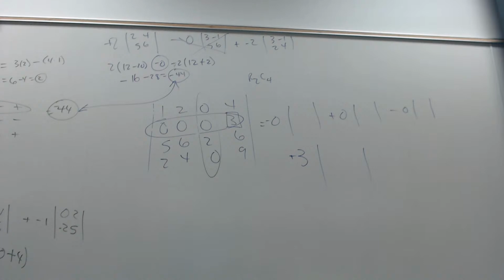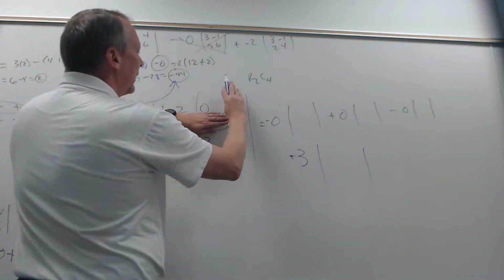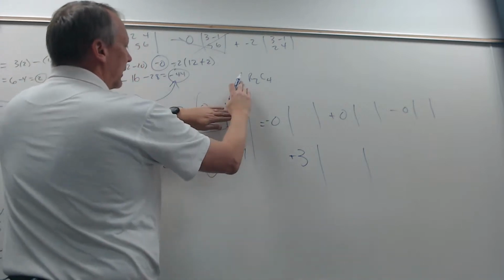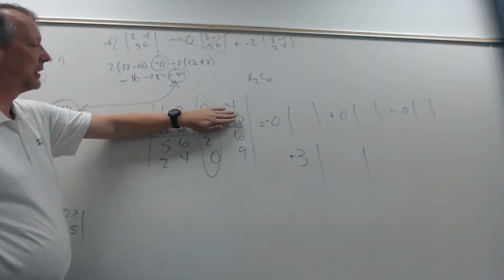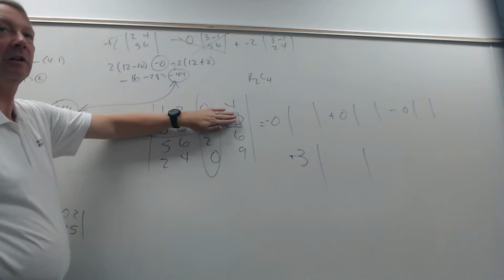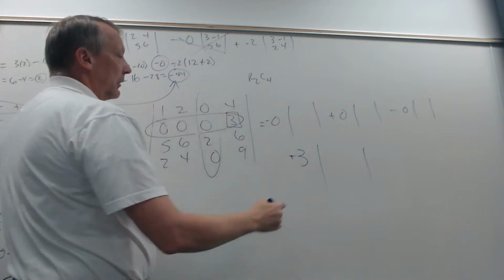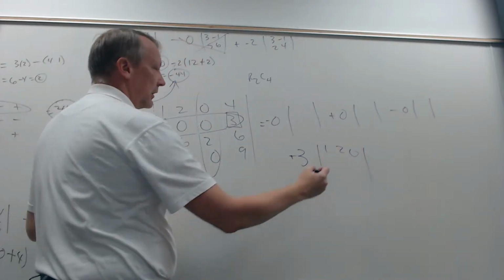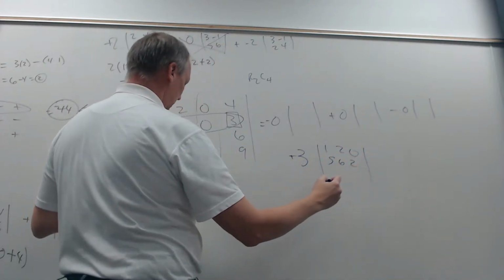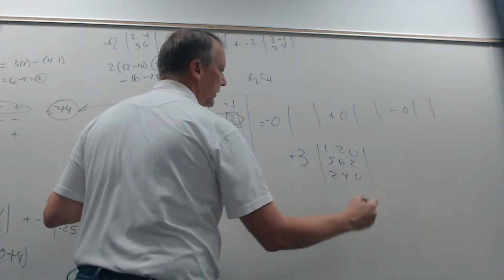All right, so now we need to block out everything in the 3's row and column. If I block this out, this becomes 1, 2, 1, 2, 0, 5, 6, 2, 5, 6, 2, 2, 4, 0.